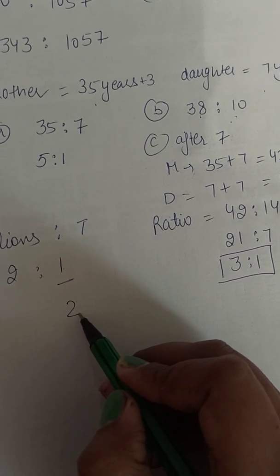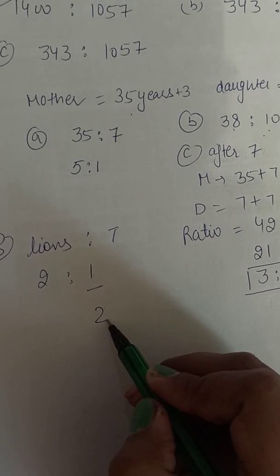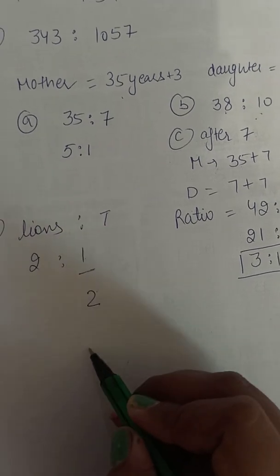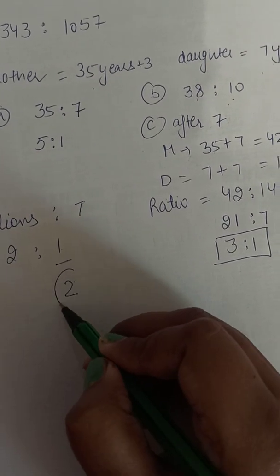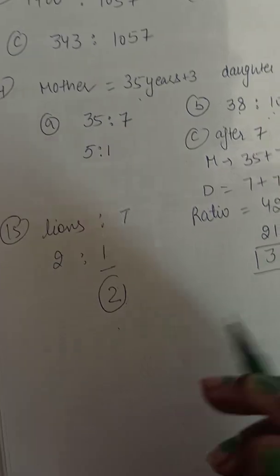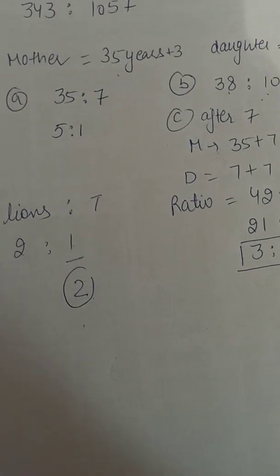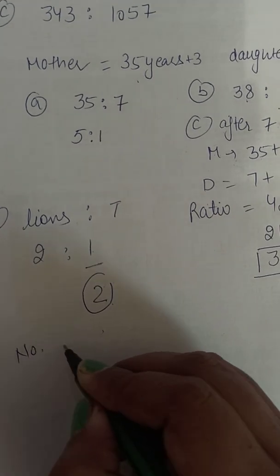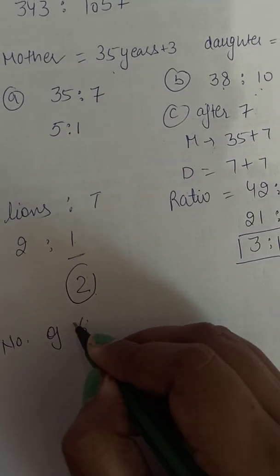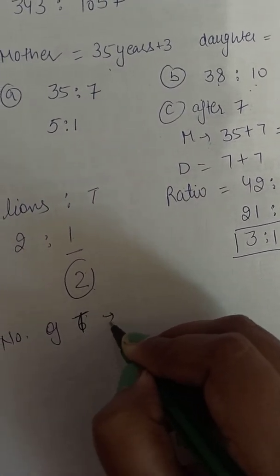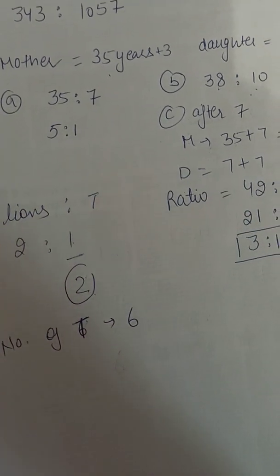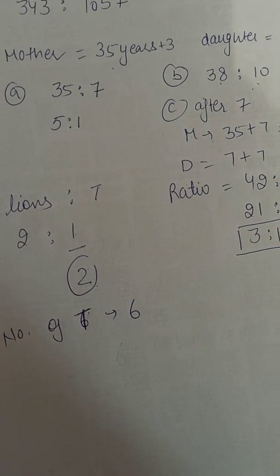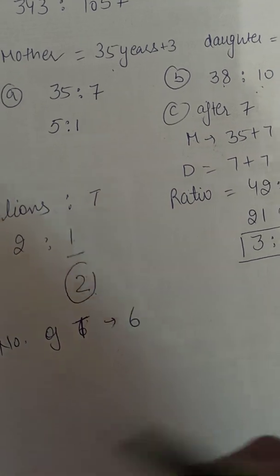Now the final number of tigers in the zoo is 6. Find the total number of lions and tigers currently in the zoo.